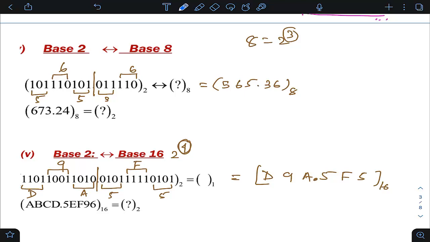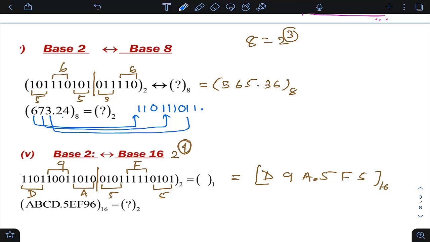So 6 is 110, 7 is 111. 3 can be written as 11, but strictly it should be 3 digits. That's why you are not supposed to make the mistake of writing 11. You should write 011.